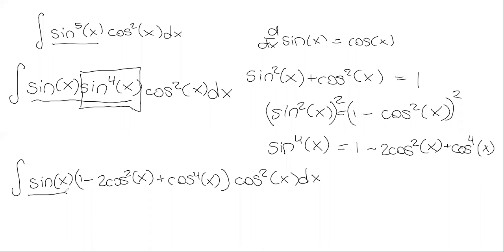So we have a sine appearing before this group. We have a cosine squared appearing after this group. So let's go ahead and distribute the sine and the cosine squared to each of these three terms and integrate them separately. So as a result, we're going to get sine of x times cosine squared of x as one integral.